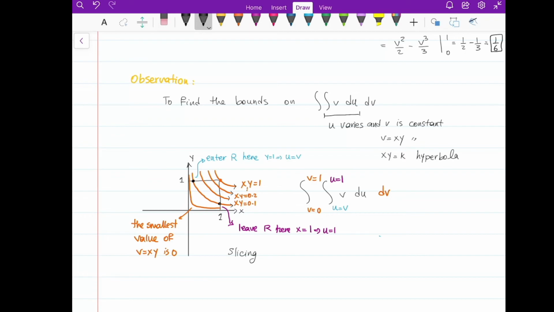Slicing S, which was this triangle that we get in the UV plane, by horizontal lines, where on horizontal lines u varies, as you see, and v is constant.